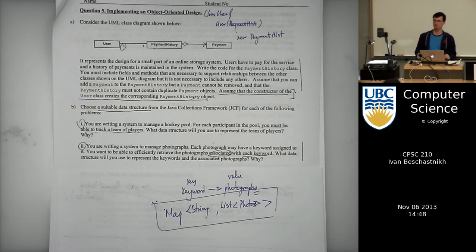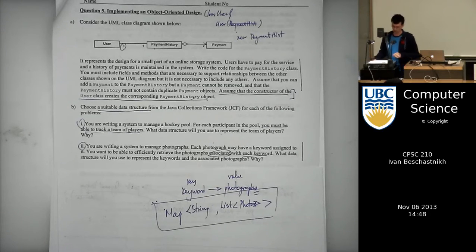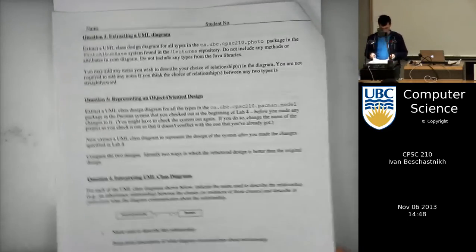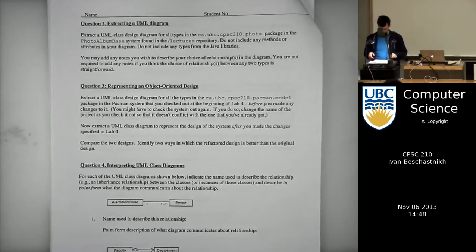Yeah? You go to question 2 in the supplementary. Extracting a UML diagram. For the photo class, the solution says that it has 1 album, but the photo constructor doesn't set an album straight away, so could it have considered 0 to 1?